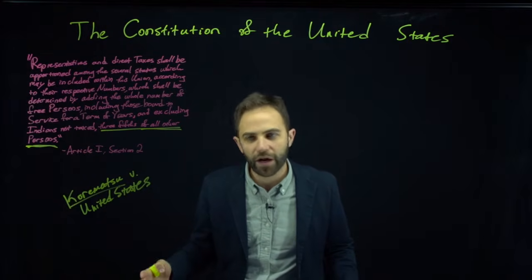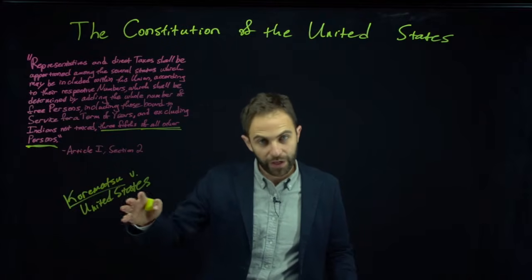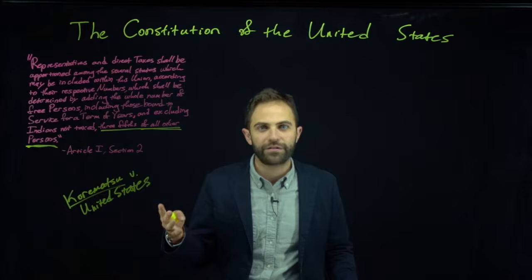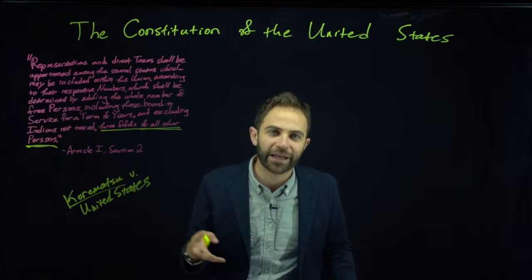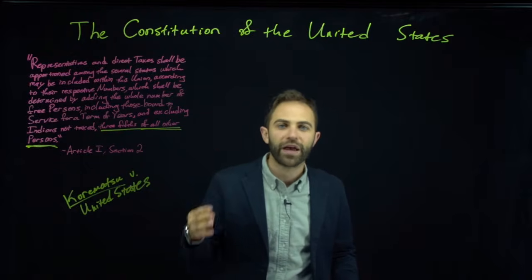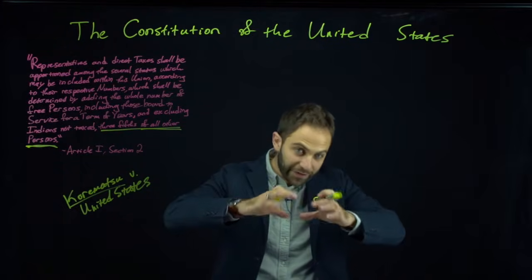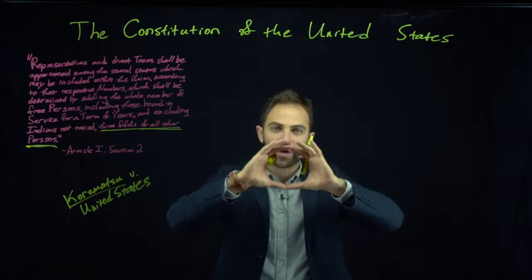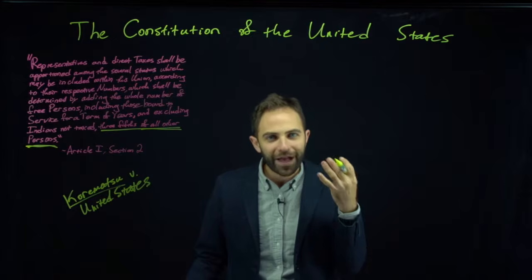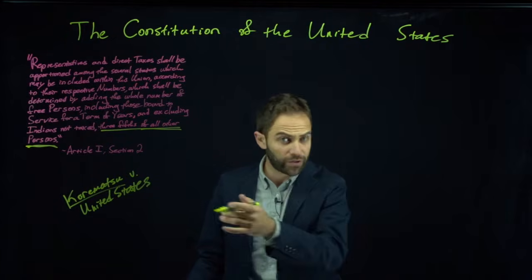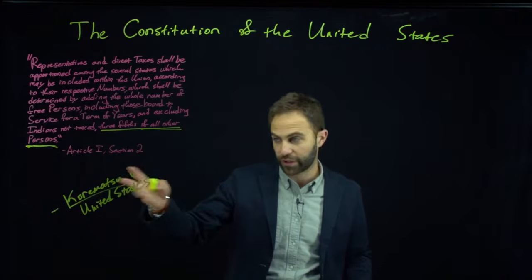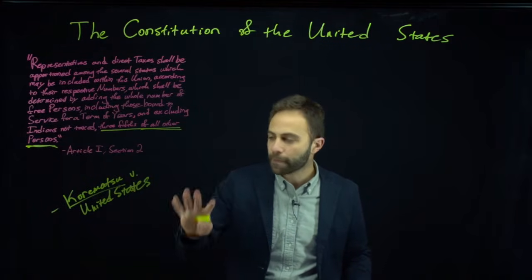Korematsu, a Japanese American, was convicted of disobeying a military executive order that told him he had to leave his home and report to a relocation center or leave a certain area of the country. And he sued. The Supreme Court said that Japanese internment in this case was constitutional and that it was right to punish Korematsu.